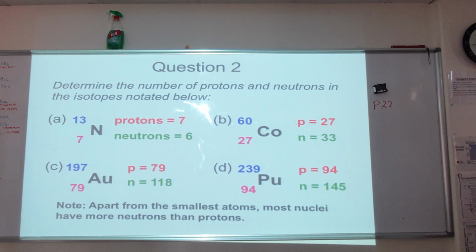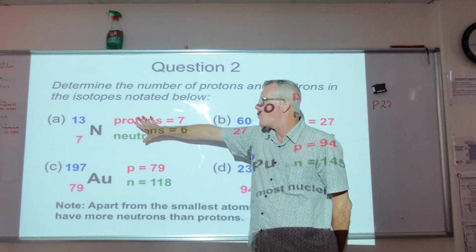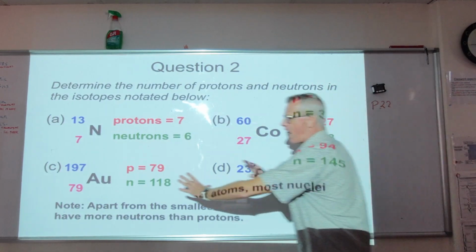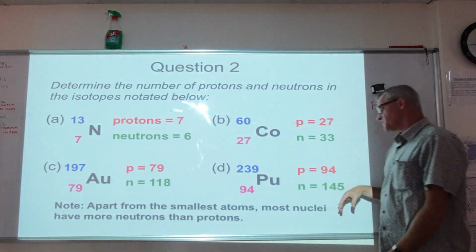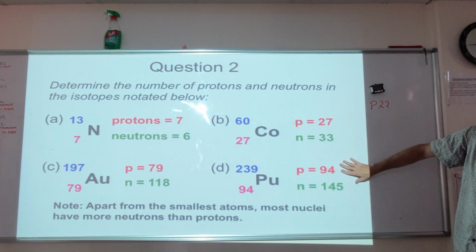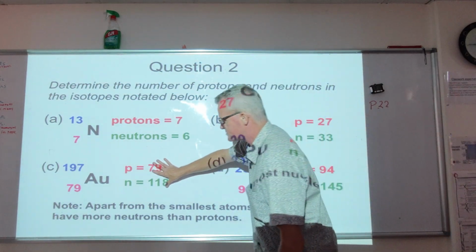Just one interesting note, I will speak a little bit louder. What we can see here clearly, when we have large atoms, you will see that the amount of neutrons is way more than the amount of protons.